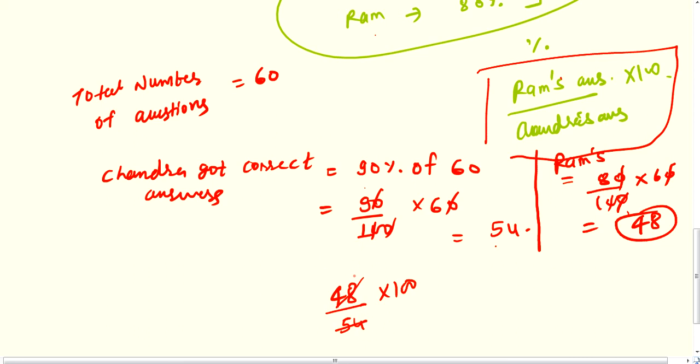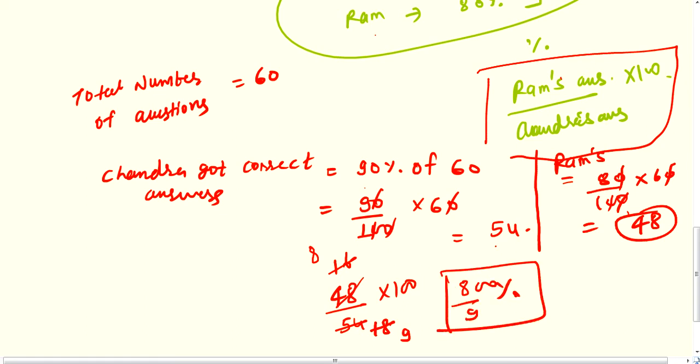Yes, this is divisible by 3. 3 16s, 3 18s, then 2 8s, 2 9s. Then further 100 into 8, 800 divided by 9 percent. So this is your required answer. If you want to convert it into a mixed fraction, you can. From there you will get 88 8/9%. So this is your question number 2.